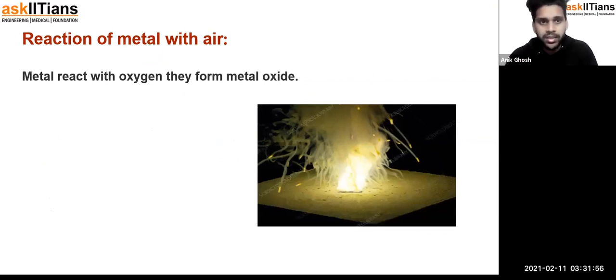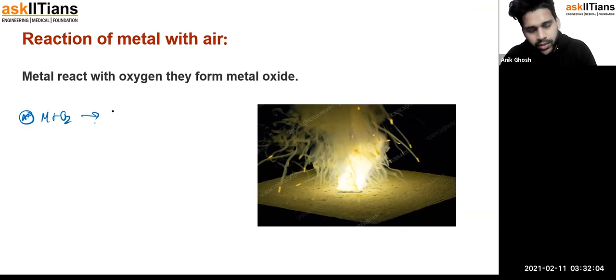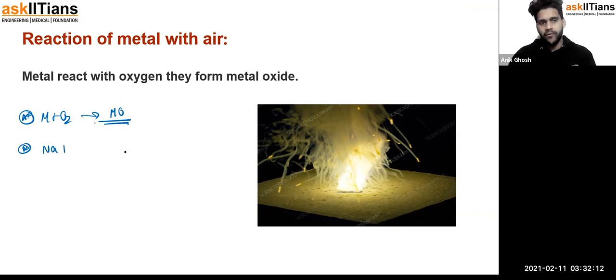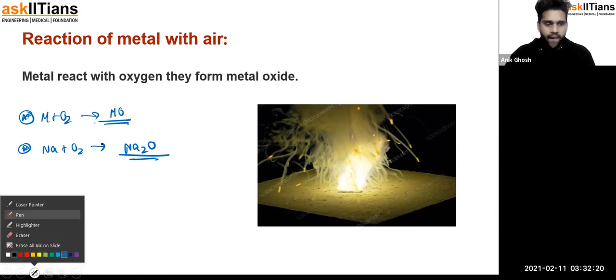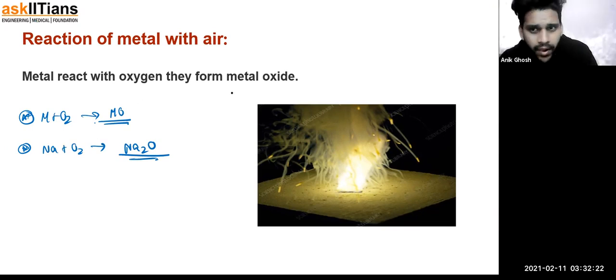Now, how do metals react with air? When metals react with air, they mainly react with oxygen. Like if I take sodium and react it with oxygen, I'm going to get Na2O, a metal oxide.